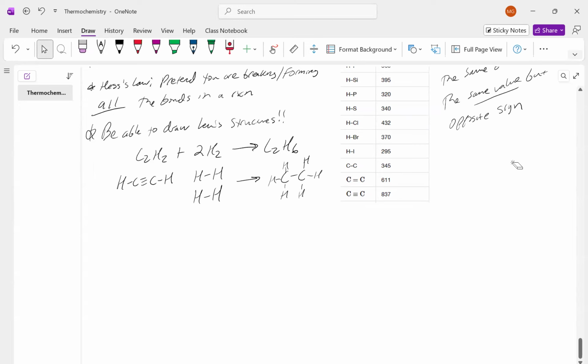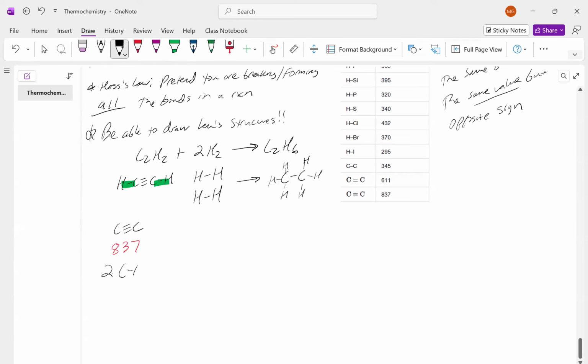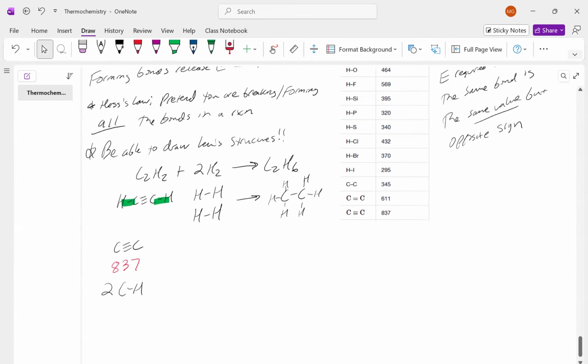And again, I'm going to assume I'm breaking every single bond. Okay, so let's start with C2H2. What bonds am I breaking? Well, I'm breaking a carbon-carbon triple bond. So I look at my table, and that has a value of 837. And then I am breaking a carbon-hydrogen bond here and a carbon-hydrogen bond there. I'm breaking two of them. So when I look at my table, carbon-hydrogen is 415.